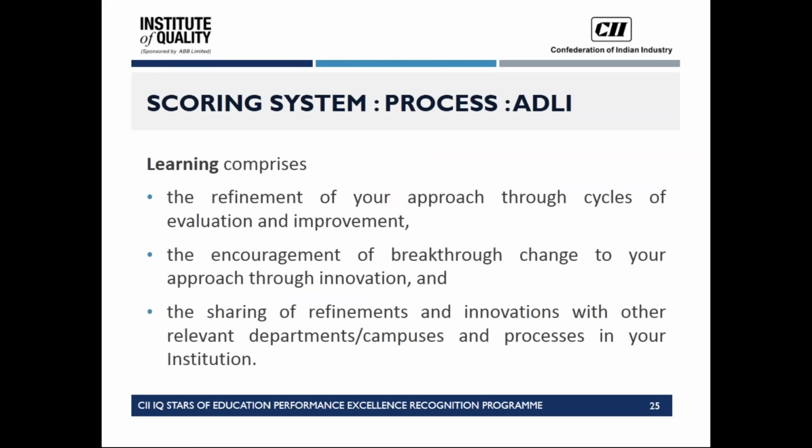The next factor, learning, comprises the refinement of your approach through cycles of evaluation and improvement, the encouragement of breakthrough change to your approach through innovation, and the sharing of refinements and innovations with other relevant departments or campuses and processes in the institution.